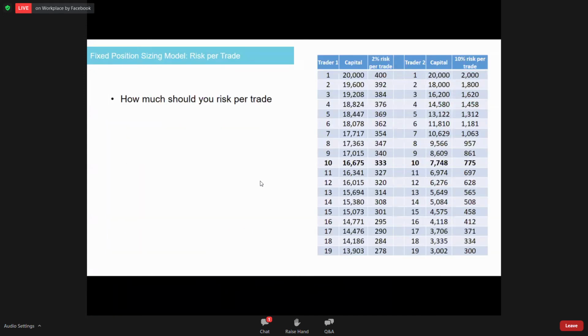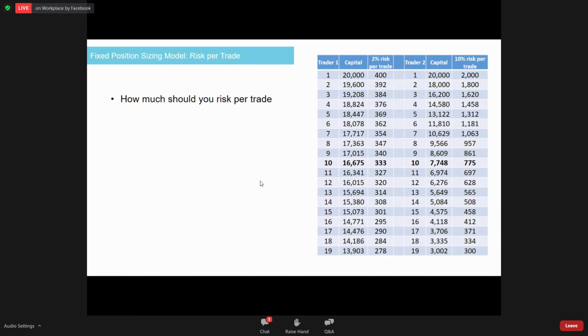Okay, the other method is called risk per trade. So I'm showing you a table. We have two types of traders here, trader 1 and trader 2. Each of them did 19 trades. Here we are doing a worst case scenario analysis, so the 19 trades are all making losses. Both of them start with 20,000. The first trader risks 2% every trade.